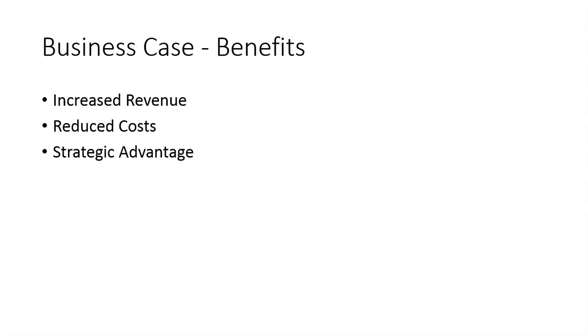So if you're able to quantify the benefits that provide a strategic advantage and support the company's overall strategy, that can make the difference between a project being approved or not approved. So again, the benefits in the business case can tie directly back to the strategy of the company.